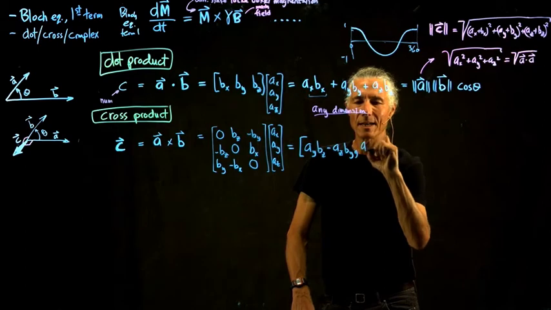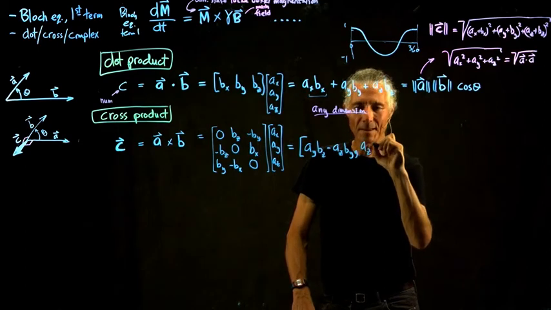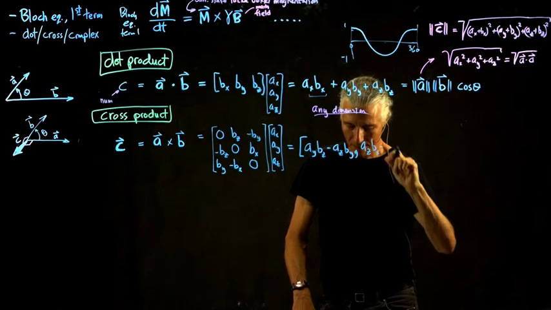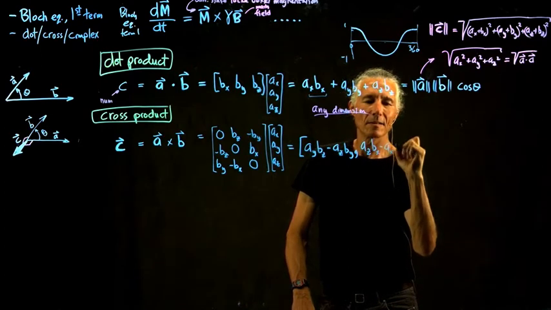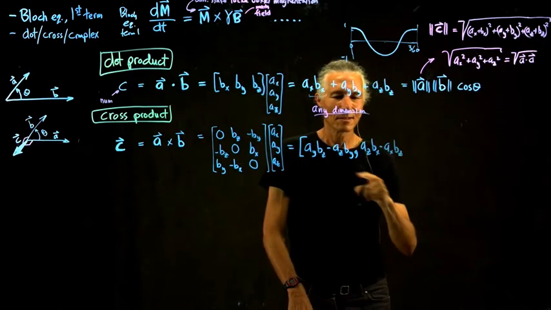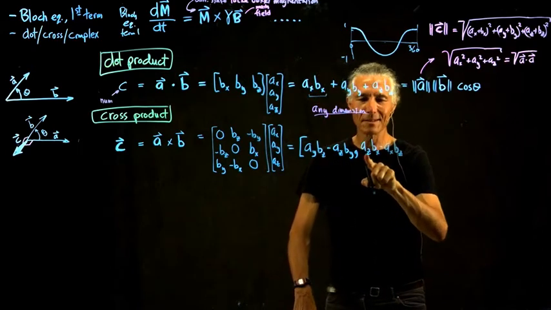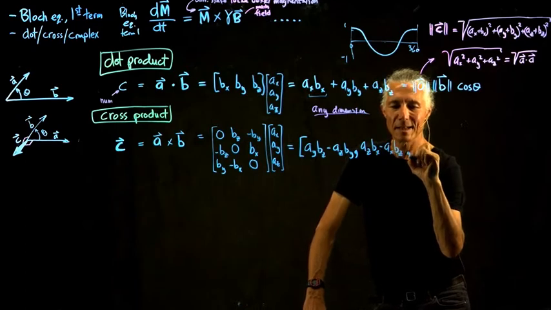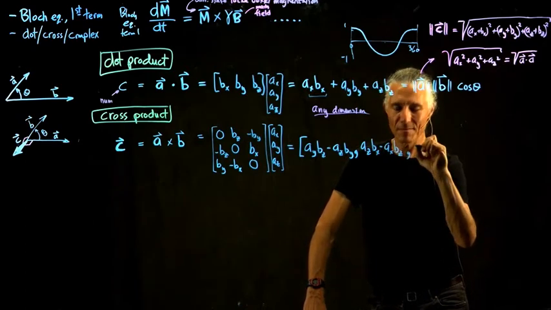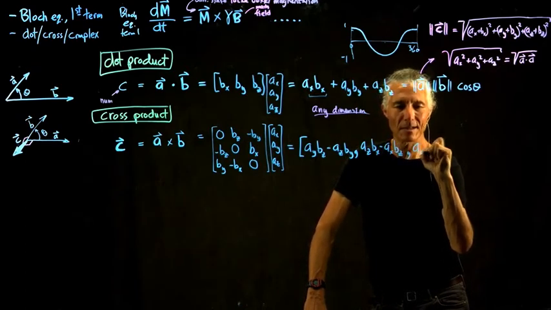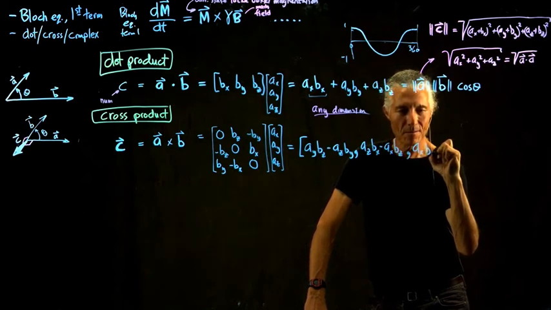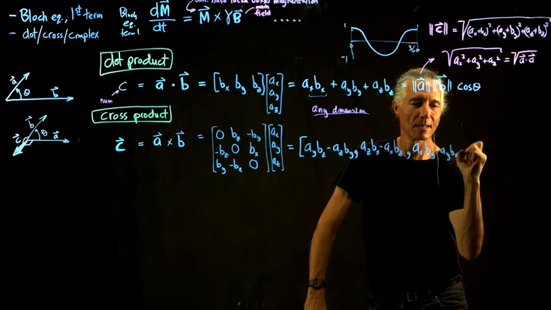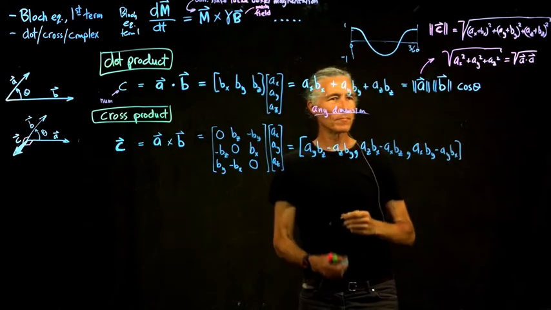And now we got az bx minus ax bz. So that would use the y's and the z. This uses the x's and the z's. That's the y component of the vector, and then here's ax by minus ay bx. That's the third component.